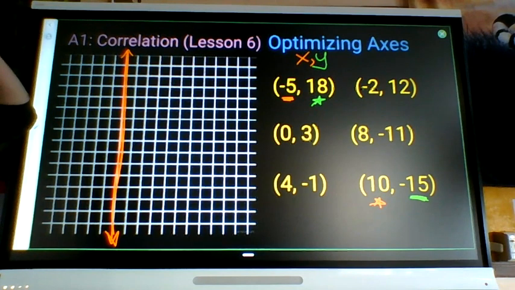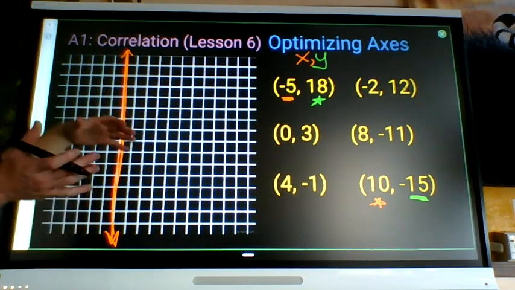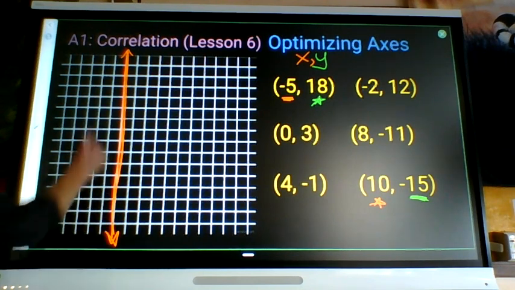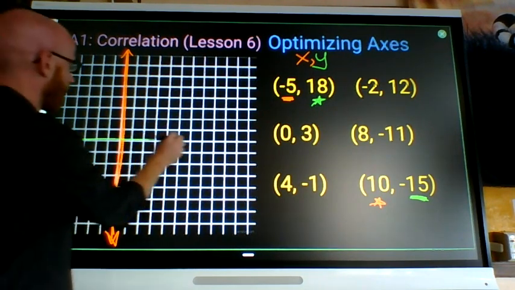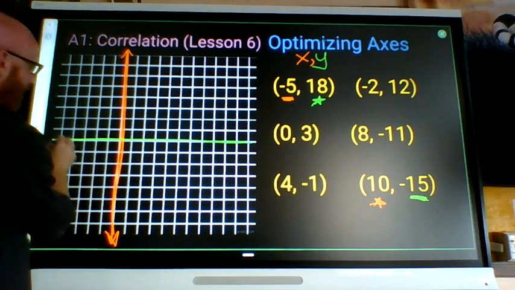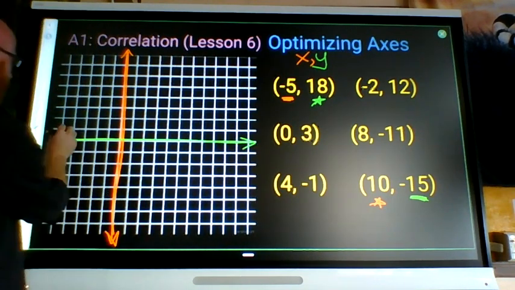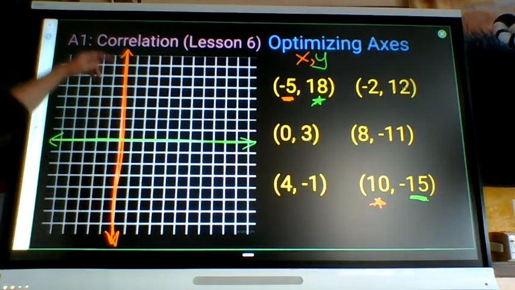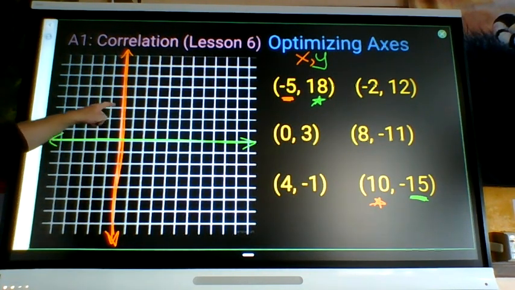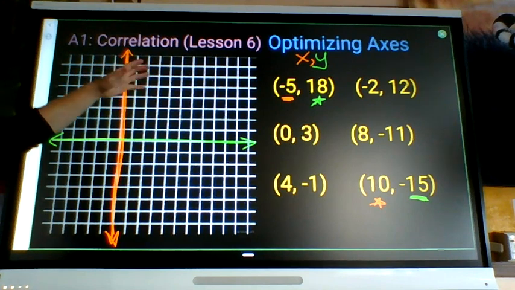So what I'm going to do is, they're about equally spaced, right? I have to get a little bit more positive than negative. I'm going to put my x-axis in the center, and in the y direction, I'm going to count by 2s: 2, 4, 6, 8, 10, 12, 14. Not enough.